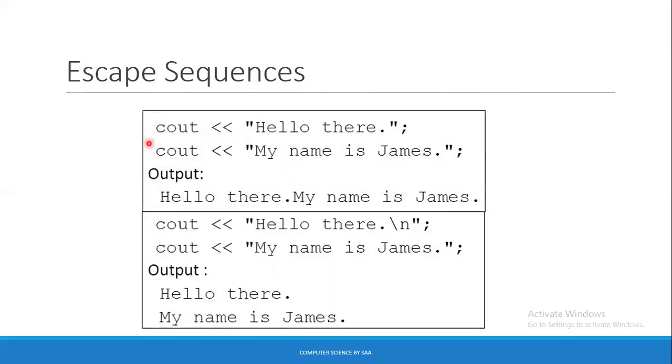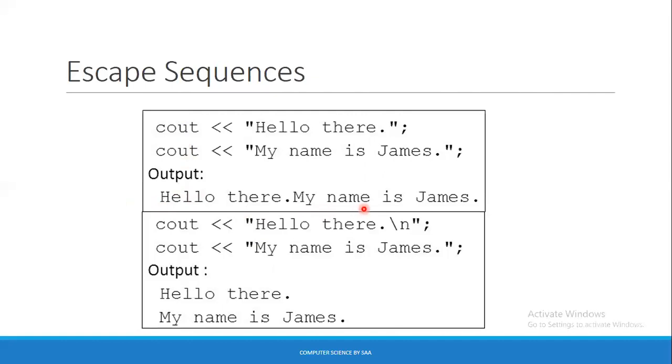When these two lines are executed, the output will appear like this: hello there, my name is James. Although we have written these two statements separately in two lines with two separate cout statements, the output will be in a single line.